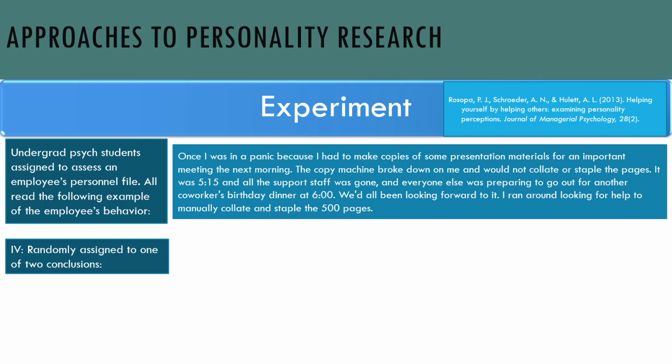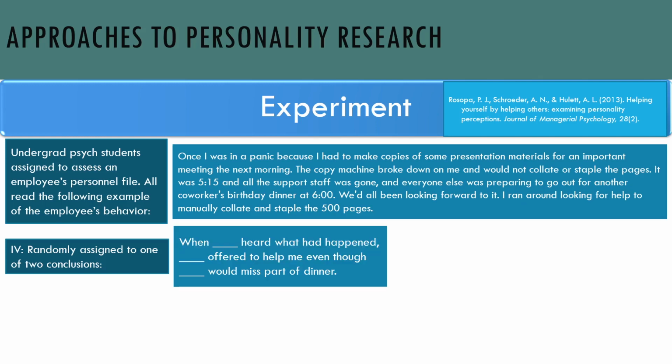Now, the independent variable, which I'll describe in a second what that means, the psych students were randomly assigned to one of two conclusions to this story. One conclusion was when this employee heard what had happened, they offered to help me even though they would miss part of dinner.